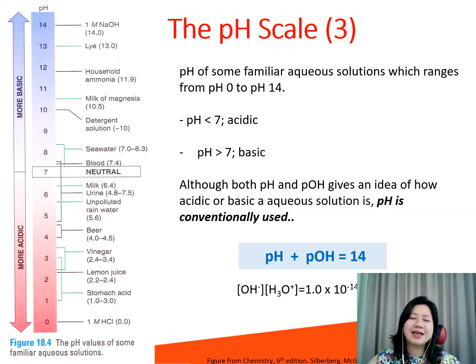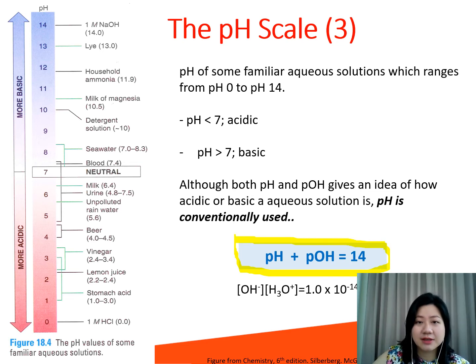This figure on the left shows where some common aqueous solutions lie on the pH scale. pH 7 is neutral, anything below pH 7 is acidic, and anything above pH 7 is basic. We don't usually hear about pOH because we would convert pOH values to pH by taking 14 minus pOH using this equation over here.